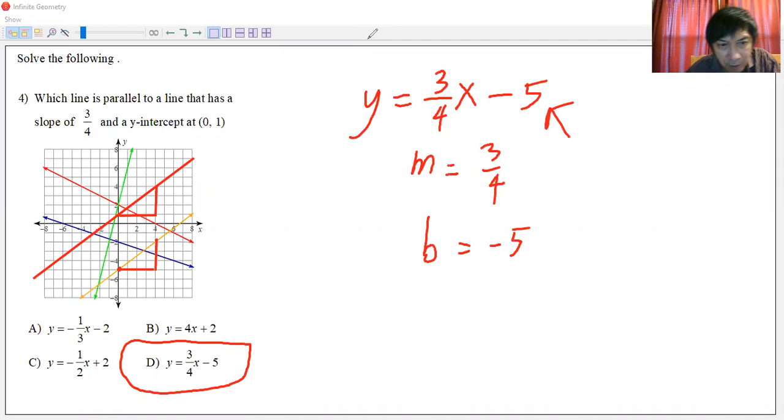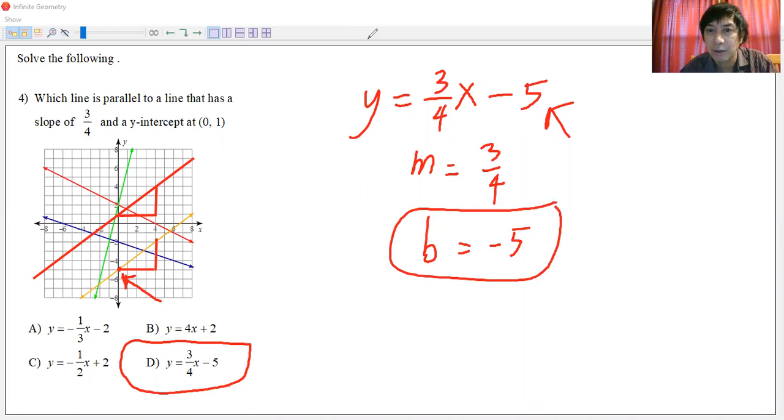You can check on the y-intercept of the yellow. Okay, you can check it over here. It's at 0, -5 there. Okay, that's where the y-intercept is located. Now the slope 3/4, I already made the 3 and the 4. Okay, so you can easily check that the yellow line is the answer.